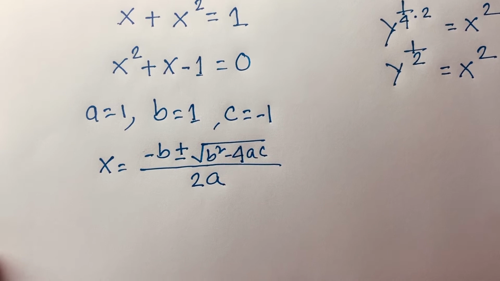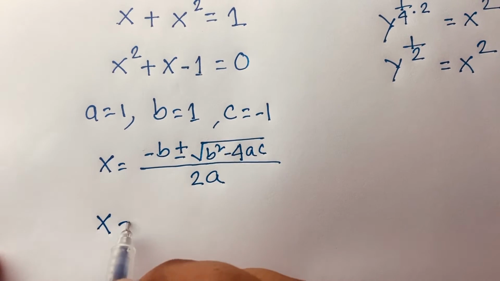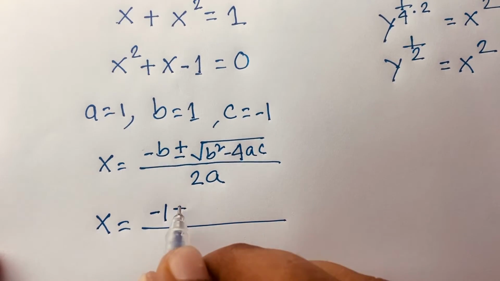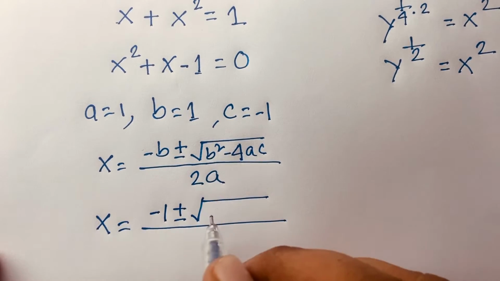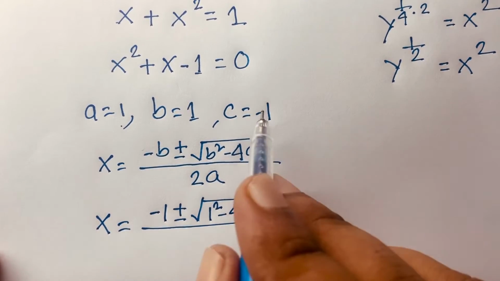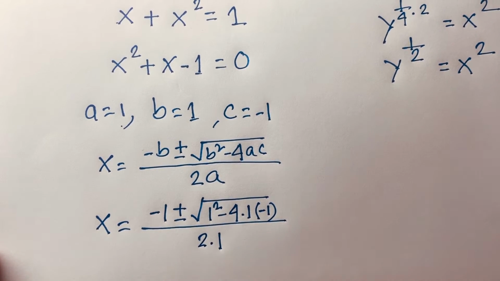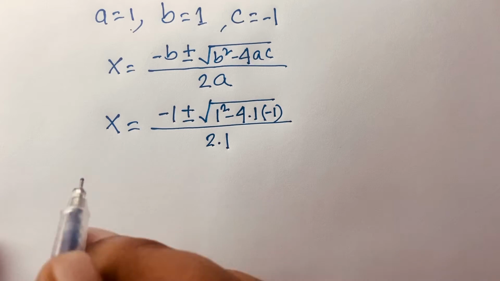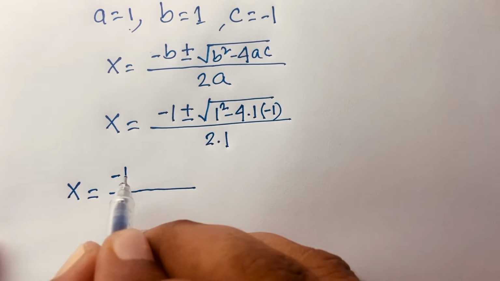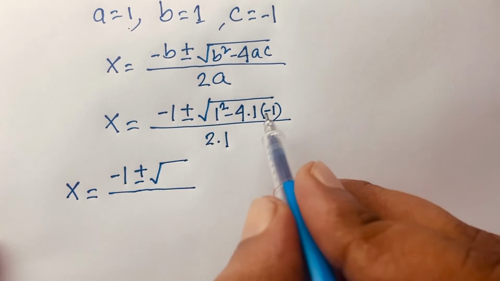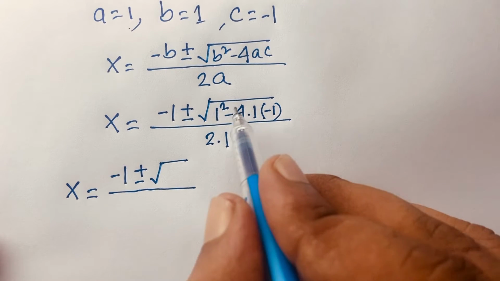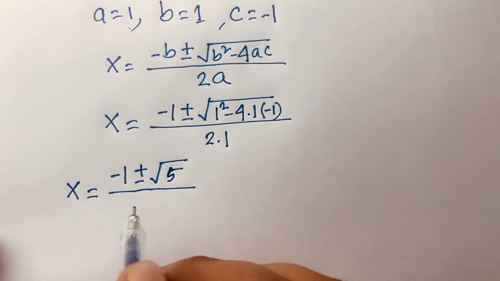According to this formula, x is equal to minus 1 plus or minus the square root of 1 squared minus 4 times a times c, which is minus 1, over 2a, which is 2. Here minus and minus gives plus, so 4 plus 1 is 5, over 2.